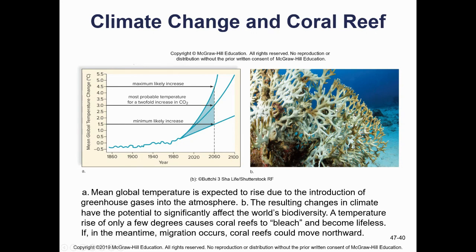It doesn't take a very big rise in temperature to get coral bleaching, and this is happening extensively. About 85% of the reefs in the Caribbean are gone due to bleaching events, and it's heavily impacting Australia's Great Barrier Reef as well.